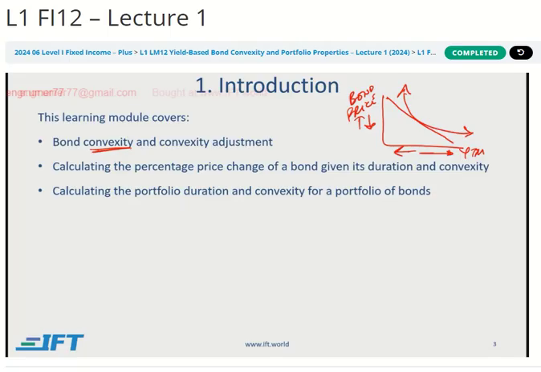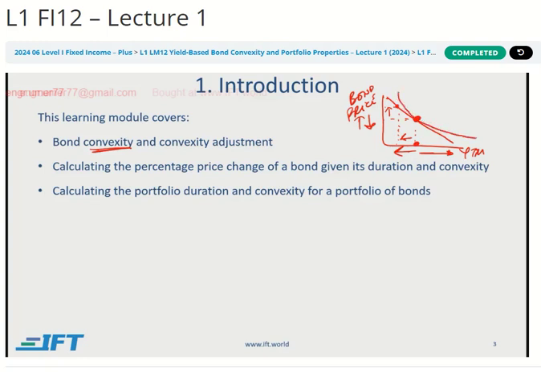And if we want to know what the bond price would be if interest rate is going down, if we just assume a straight line, then that straight line would tell us that the bond price would go up. But that would not be an accurate estimate because we know that it is convex and not a straight line.